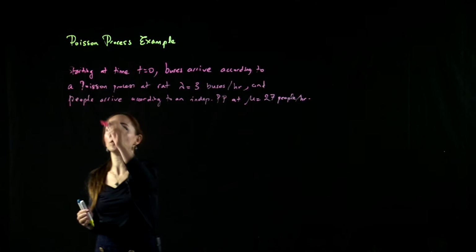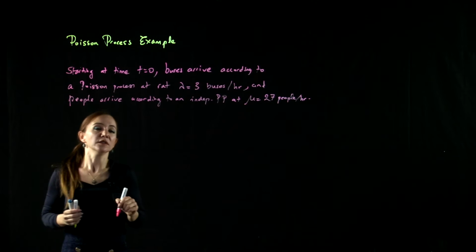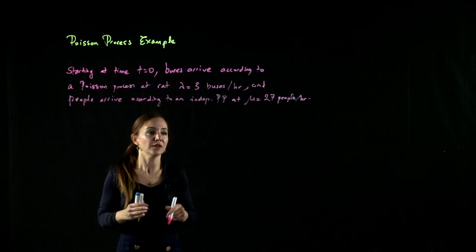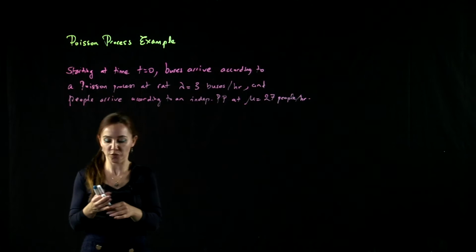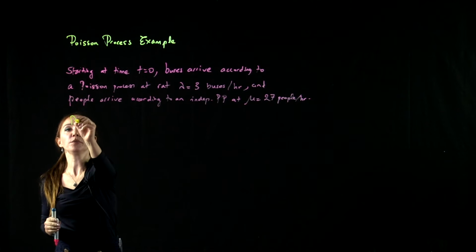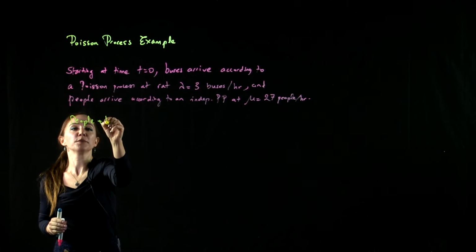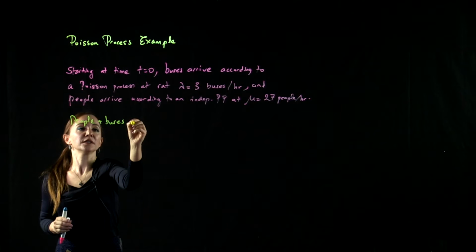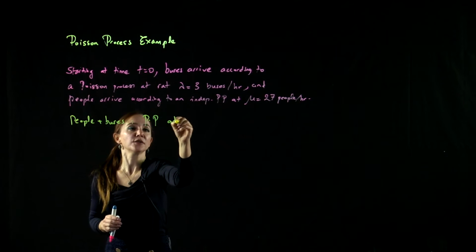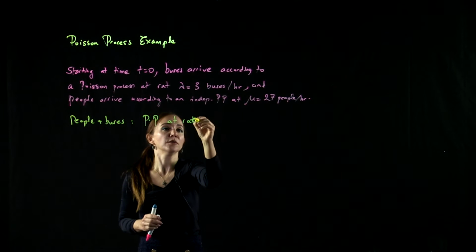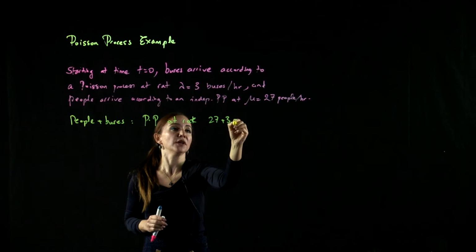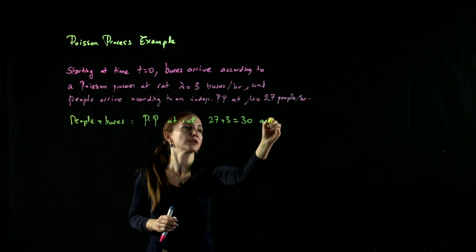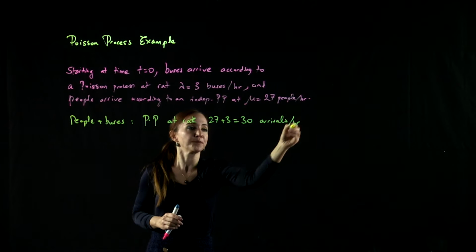Notice, first of all, that this is a merging operation of two independent Poisson processes. So, people plus buses is a Poisson process at rate 27 plus 3, which is 30 arrivals per hour.